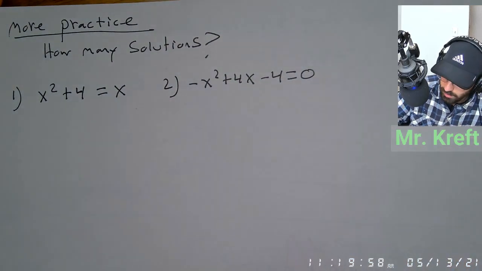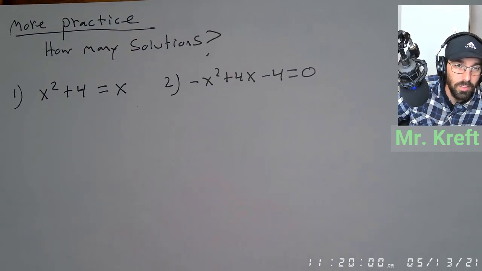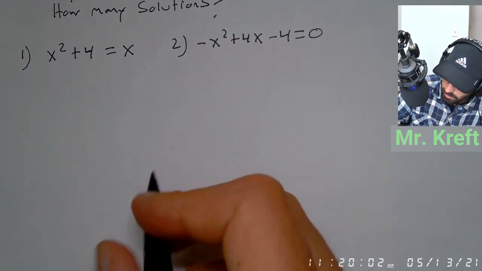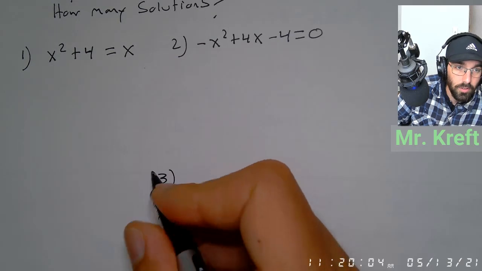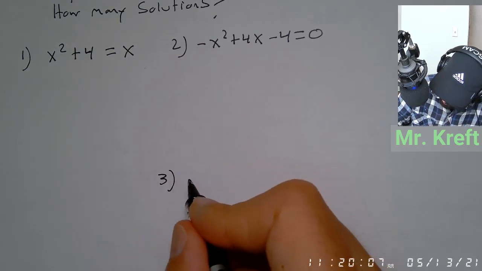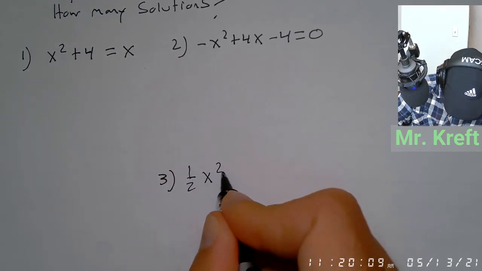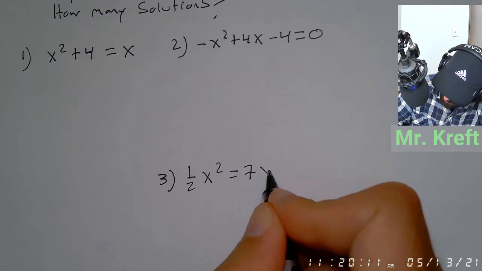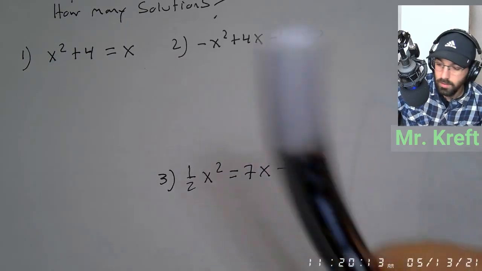And I want to do a third one here. Let's say the third one is 1/2 x squared equals 7x minus 1.